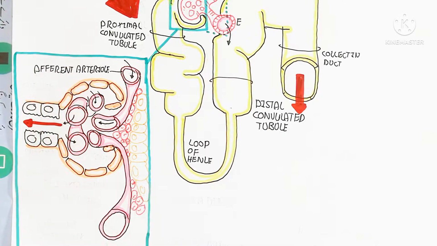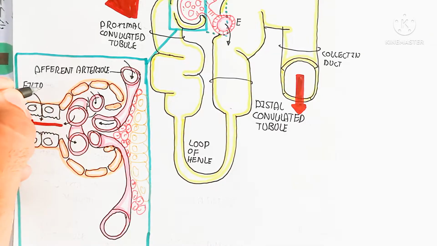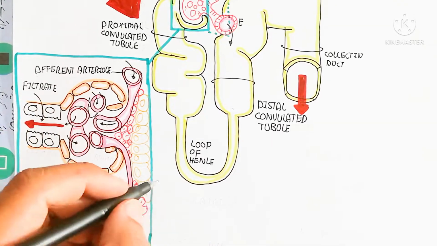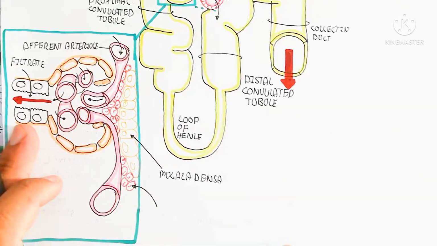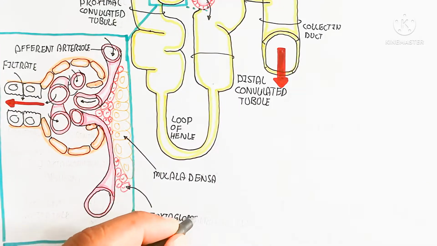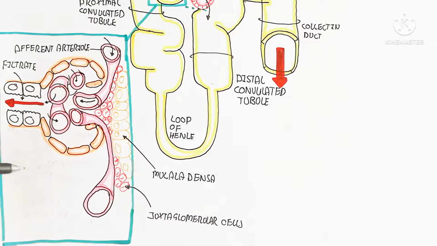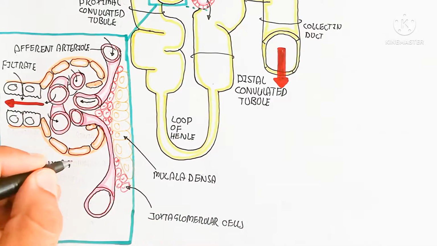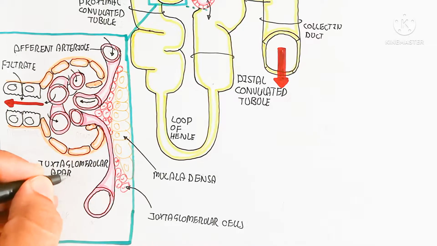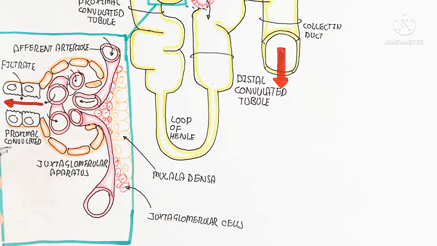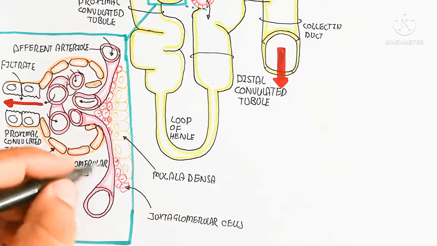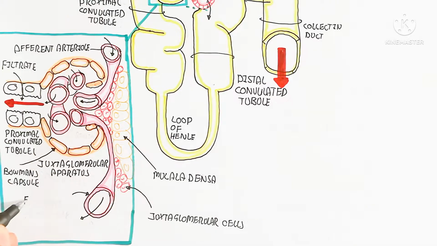The blood will be filtered, and the filtrate will move into the proximal convoluted tubule. The macula densa cells are present in the distal convoluted tubule, and the juxtaglomerular cells are present between the macula densa and the glomerular arterioles.